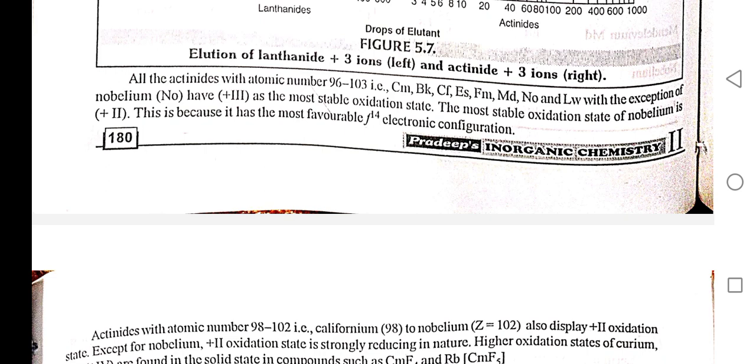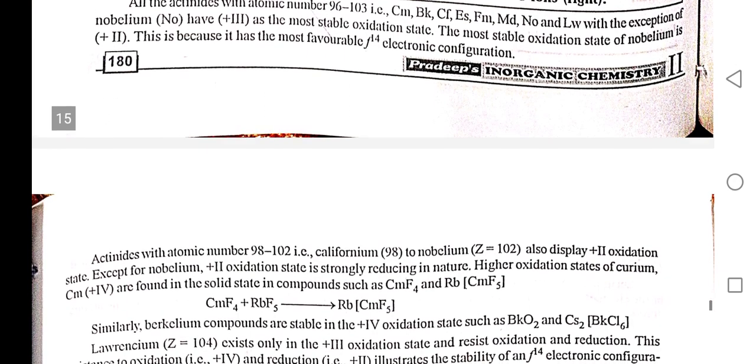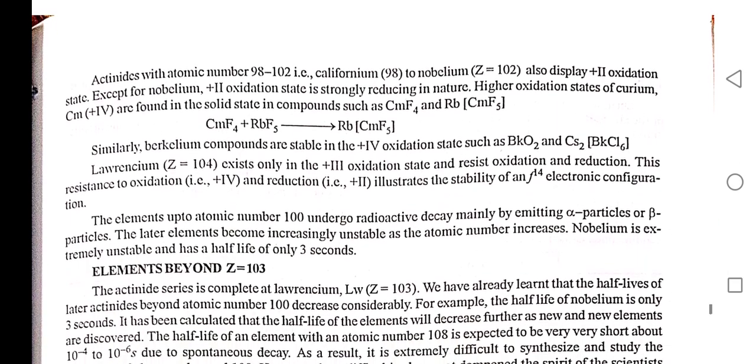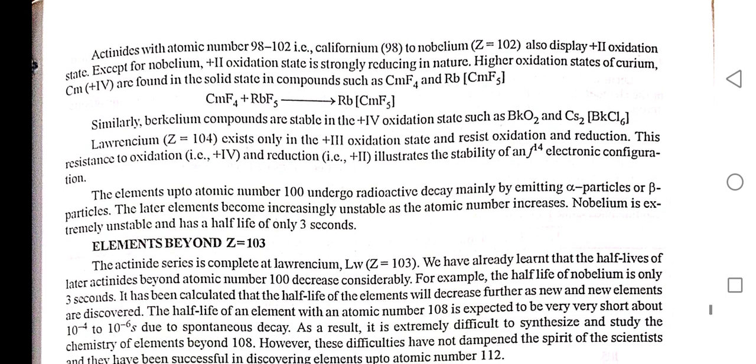The most stable oxidation state of nobelium is +2. This is because it has the most favorable f14 electronic configuration. Actinides with atomic numbers 98 to 102, californium to nobelium, also display the +2 oxidation state. Except for nobelium, the +2 oxidation state is strongly reducing in nature.